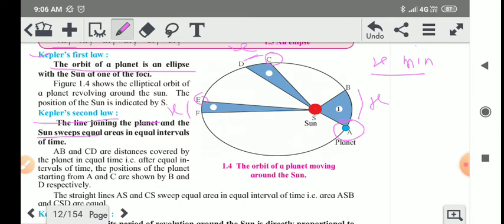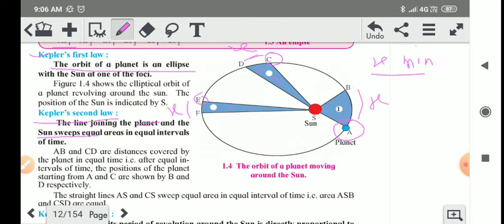Now in this interval of time, that is x minutes, the area covered by the planet with the sun is the same. This dark blue portion is the area covered by the planet. So this area is the same each time.